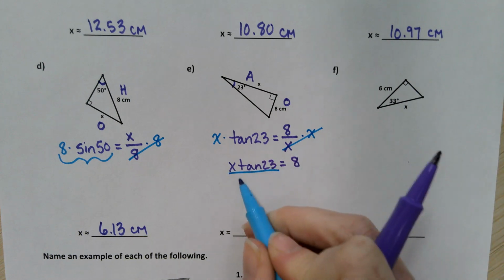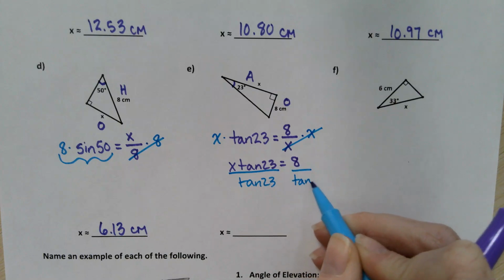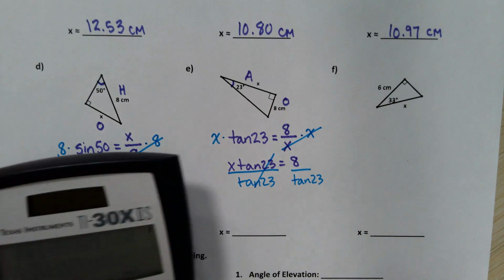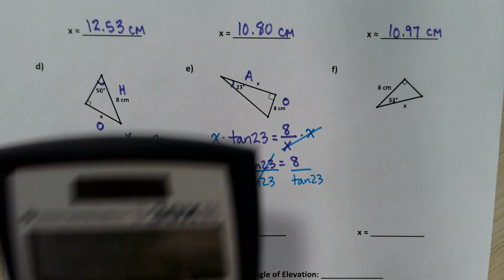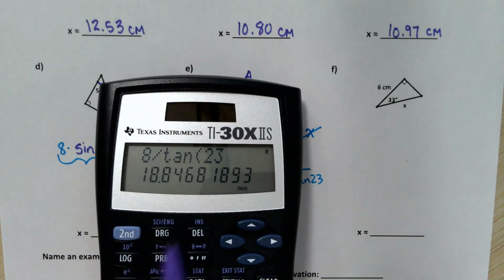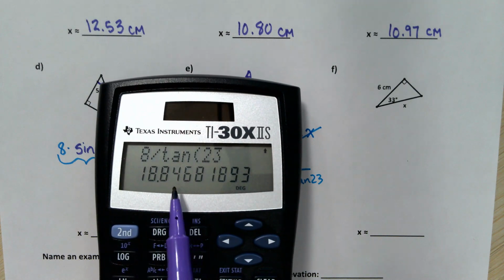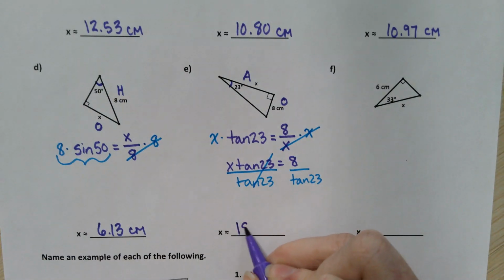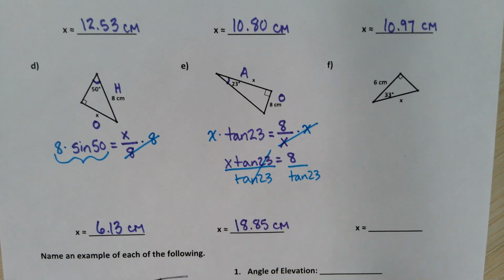So in order to get the x by itself, I have to follow that up with some division to move that tangent 23 to the other side of the equation, which means my calculator is headed for division mode. 8 divided by tangent 23 gives me 18.846. That third digit 6 tells me to round that 4 up, so 18.85 centimeters will be my rounded answer for x.